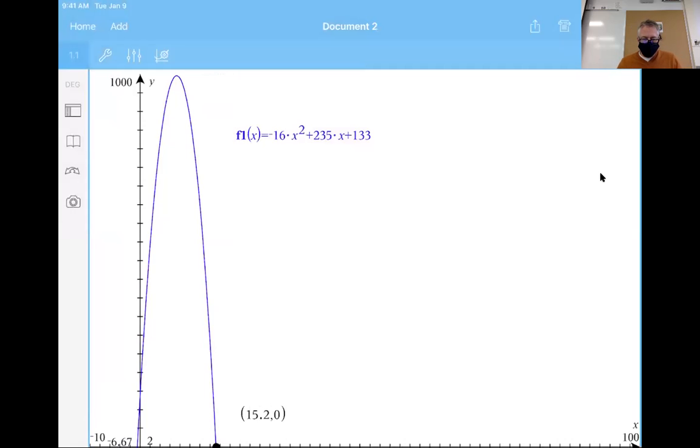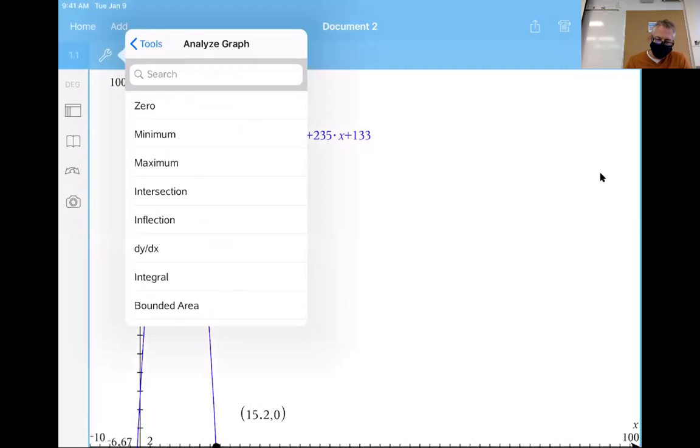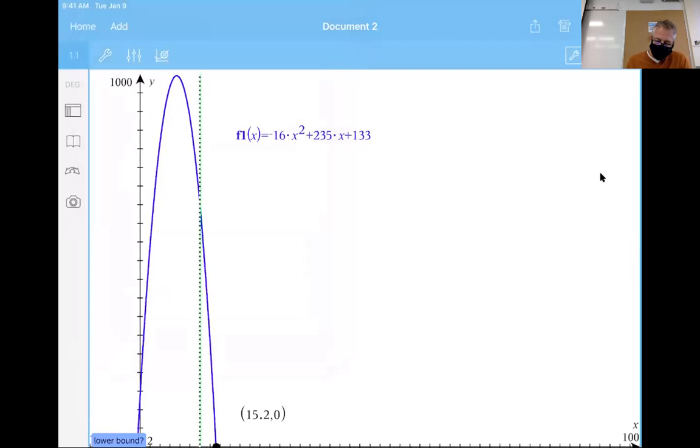All right, I also want to find the maximum height. So that's the top of the parabola, the maximum. So I'll go back to the tools, and I'll go to maximum. And I, again, get this line that I have to move to the left of the maximum and then open it up to the right of the maximum.